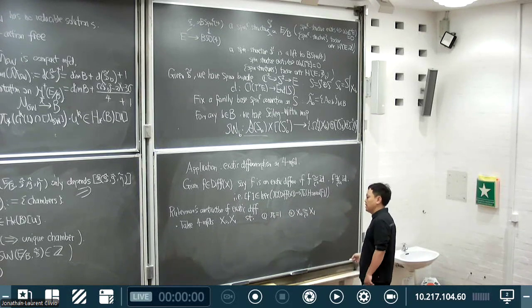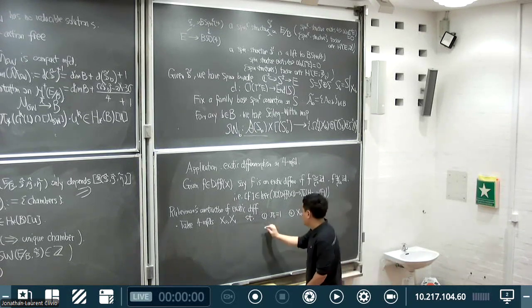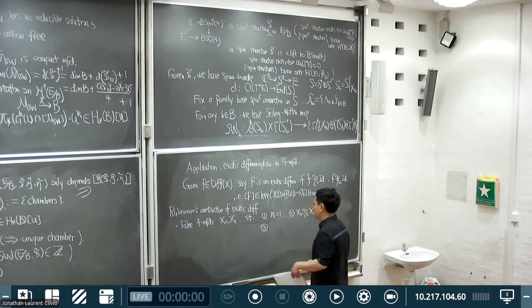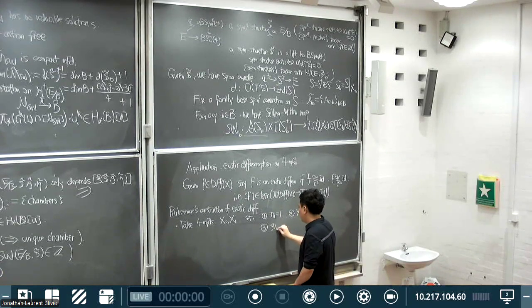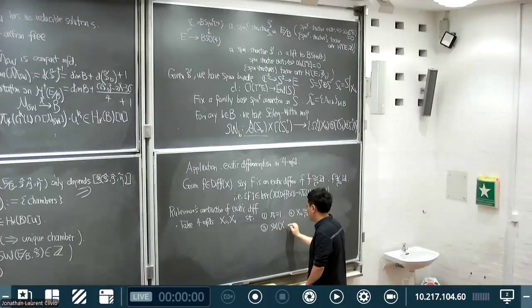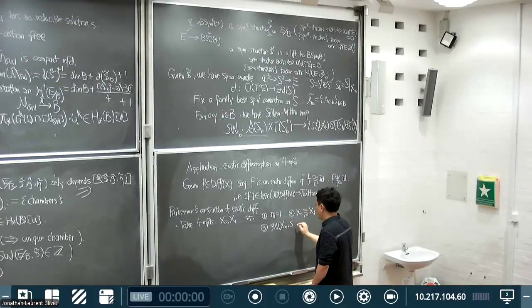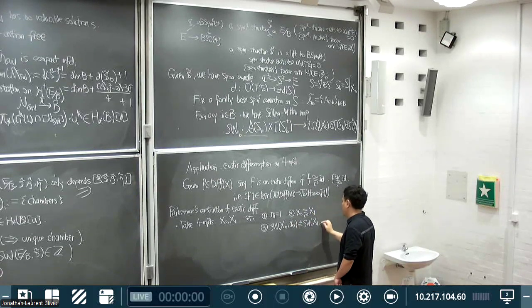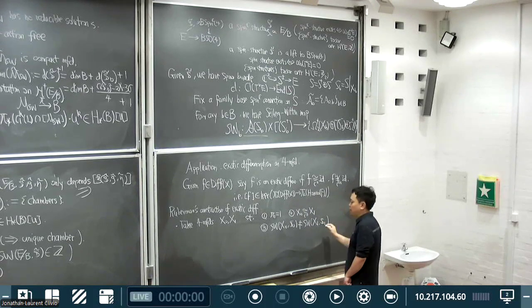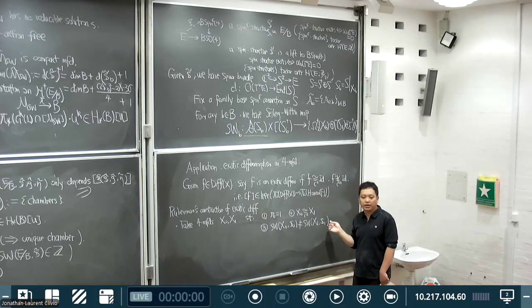And third, the Seiberg-Witten invariant of X0 is different from the Seiberg-Witten invariant of X1 for some appropriate spin-c structure.